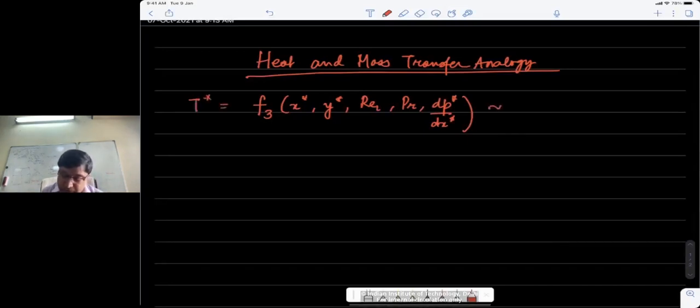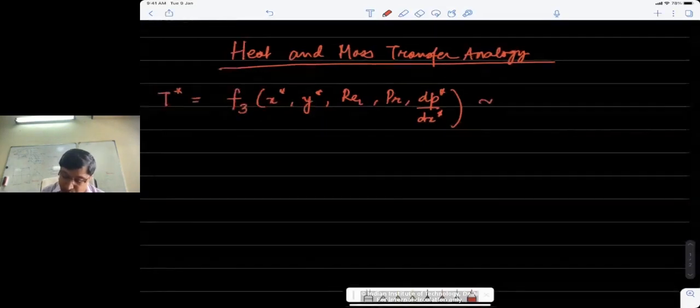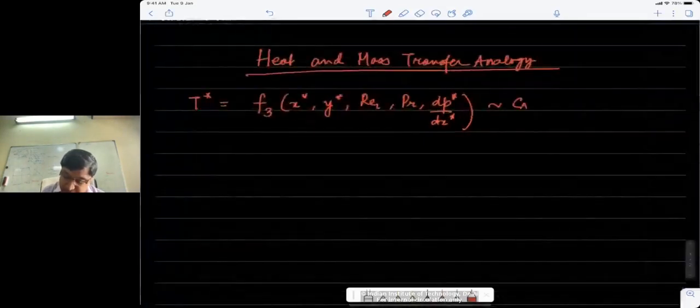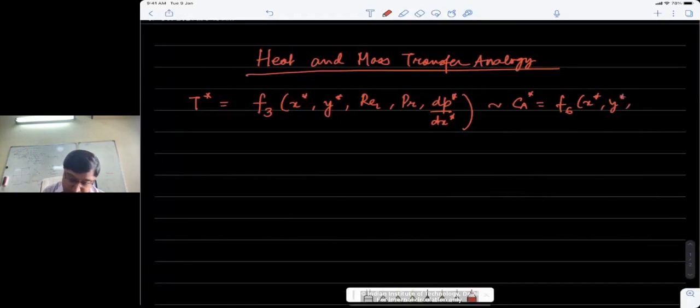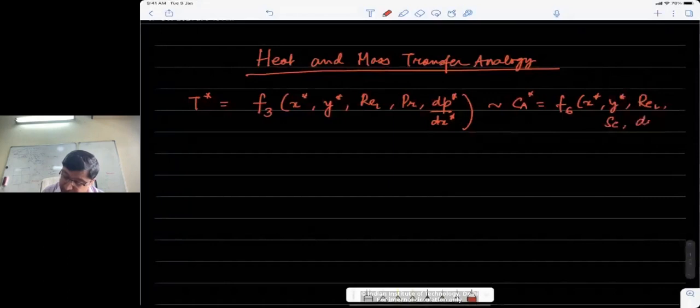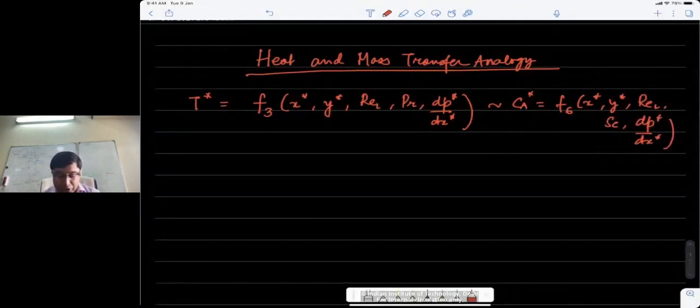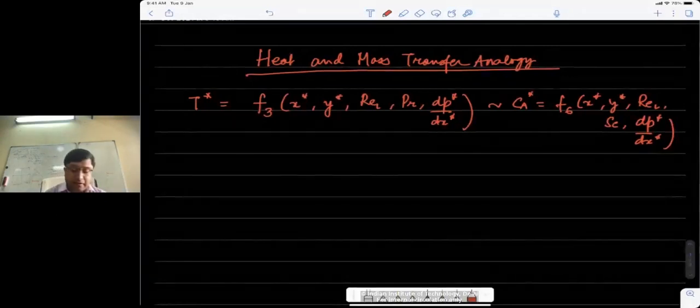I'm now saying that this should also be similar to the non-dimensional concentration, C star, which was F6 of x star, y star, again REL, but now with Schmidt and dp star dx star. So the functional forms of these two functions, f3 and f6, should be the same.